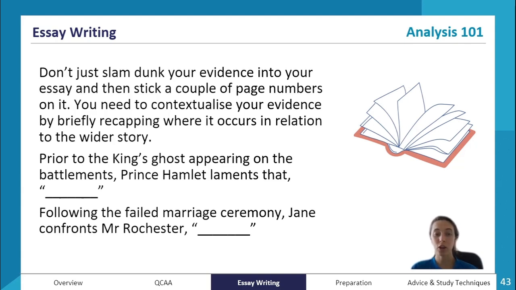So here we've got an example. Prior to the king's ghost appearing on the battlements, Prince Hamlet laments that, and then introducing that quote. Following the failed marriage ceremony, Jane confronts Mr. Rochester. So sometimes it makes a huge difference when it's occurring.